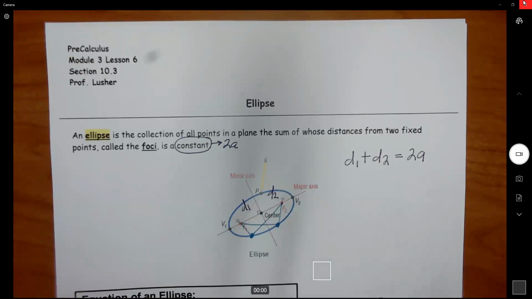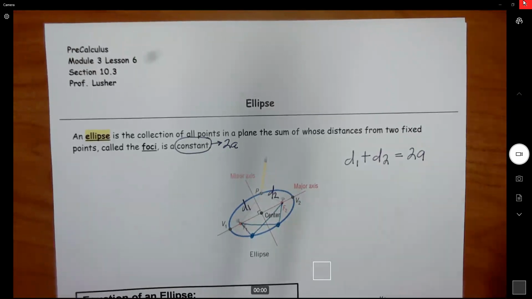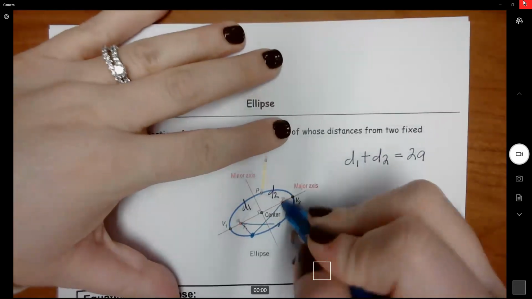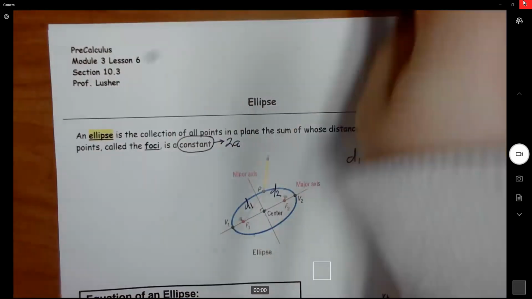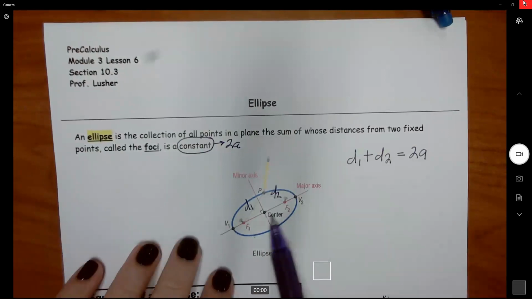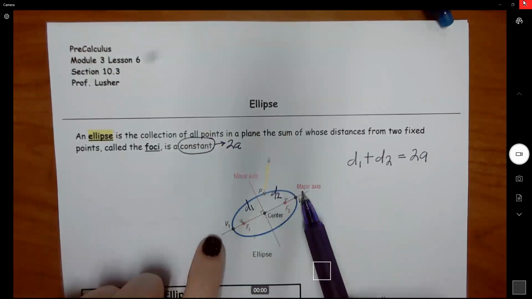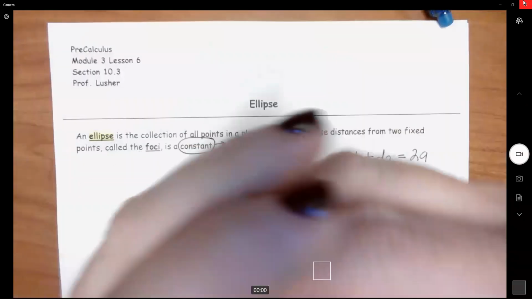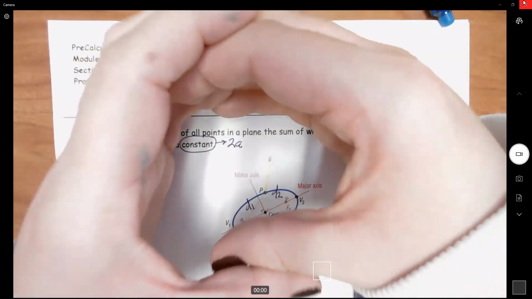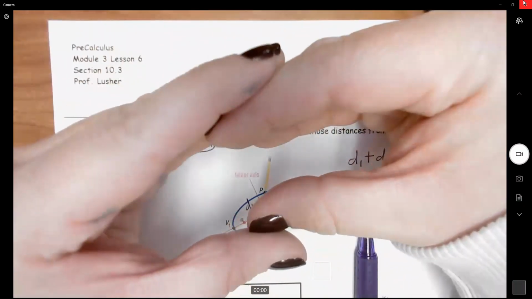What we do need to pay attention to is that you do have a major and minor axis here. Your major axis is the major side of this. So your major axis is where this circle, if you will, you take this circle and you just stretch it out in one way.